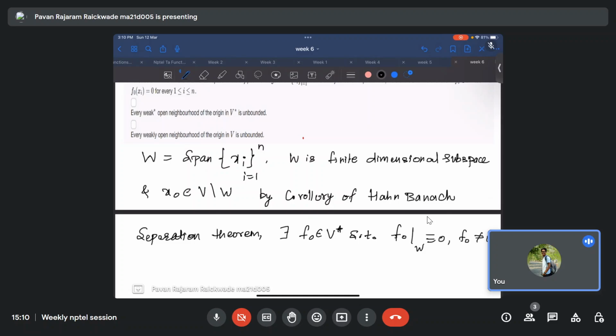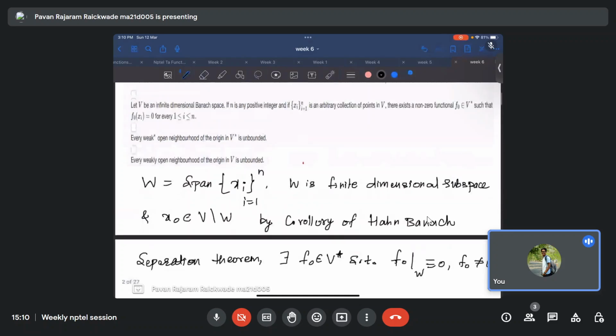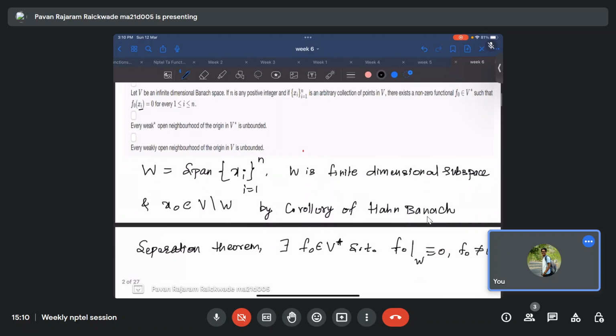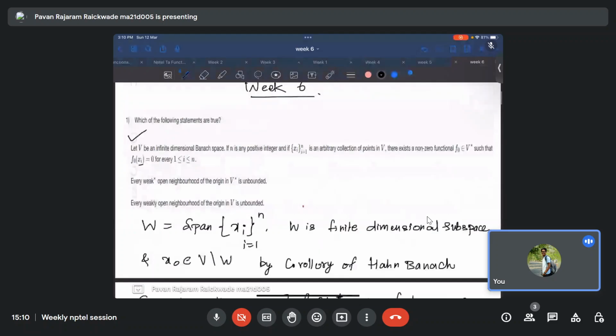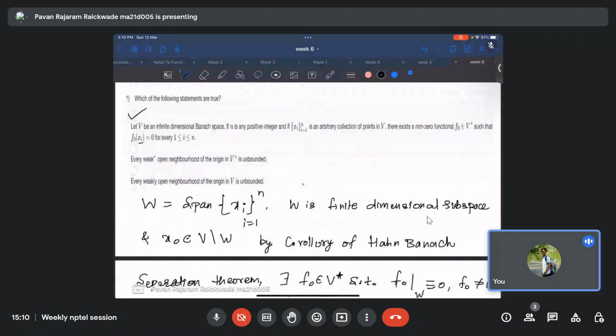So this is what we wanted, right? Because if f naught restricted to whole W is 0, f naught will be 0 at every point xi, because W is generated by those xi's. This is true.